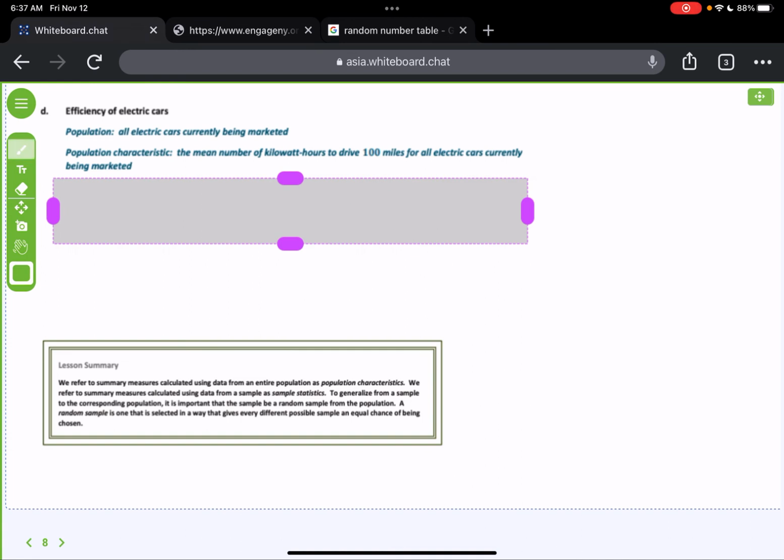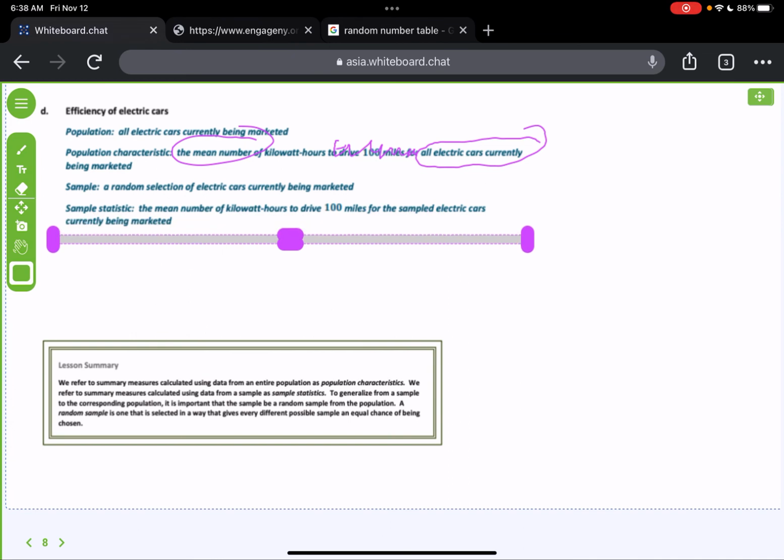All of this doesn't really matter right here. What you're actually doing, all that matters is that you're looking at all the current cars, and you're taking a mean, which is a characteristic of the population, or therefore a population characteristic. Don't get hung up on that type of stuff, of what it's actually talking about.